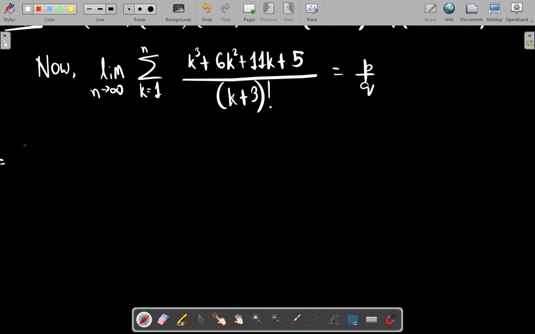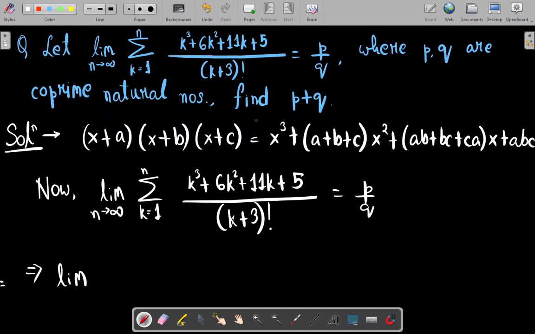So in this numerator, I can write this 6 as 1 plus 2 plus 3, because 1 plus 2 plus 3 is 6. Also, 1 times 2 plus 2 times 3 is 8, then 3 times 1 is 3, so this is also satisfied, and abc becomes 1 times 2 times 3 is 6.